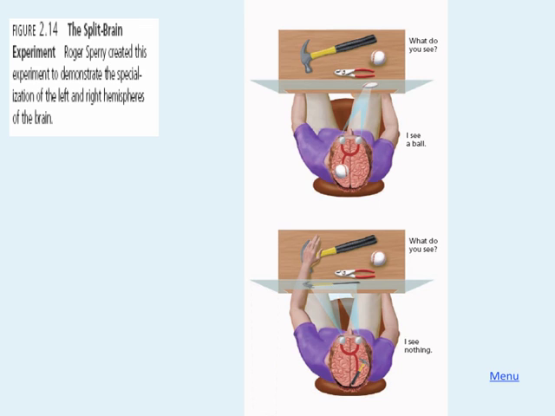The right brain is not talking to the left brain. So when we ask this person what they see, they're going to say, I only see things on the right. Okay? So, what do you see? I see a ball. That's the only thing they can see. When we project a different image, they won't be able to process it even though they're touching it.